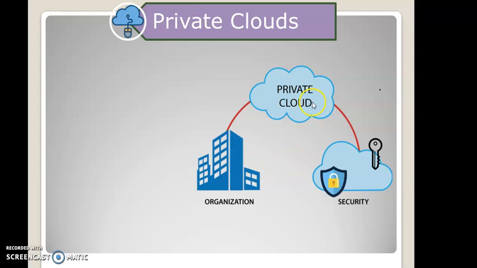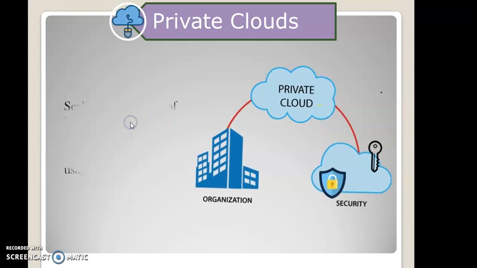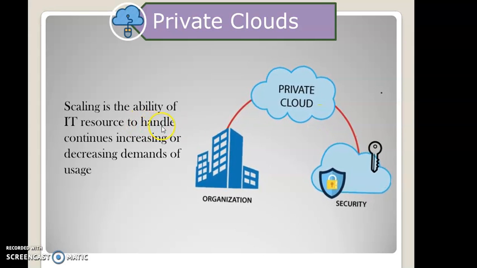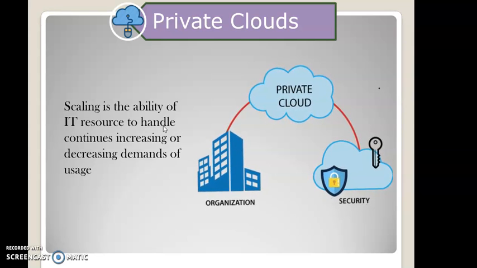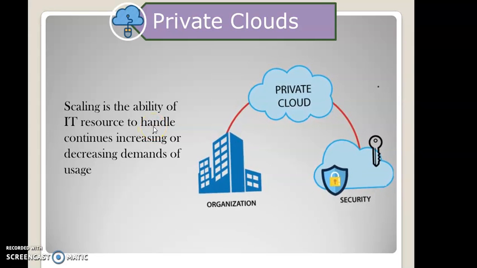The cloud-based IT resources and services are accessible within the organization only, not outside the organization. This cloud may be managed by the organization itself, or it can be managed by any other contracted third party, but the services are accessible to that particular organization only.